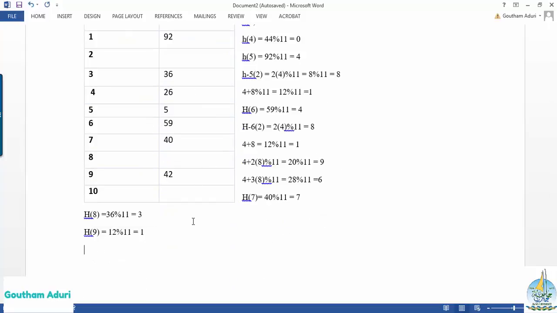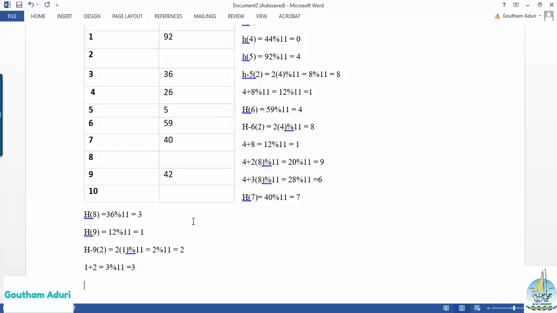So next I have to do h of 9 in the second position. I have to use the secondary hash function. So 2 into 1, 2x mod 11, which is 2. I have to calculate 1 plus 2, which is 3, h1 plus h2. 3 mod 11 is 3.